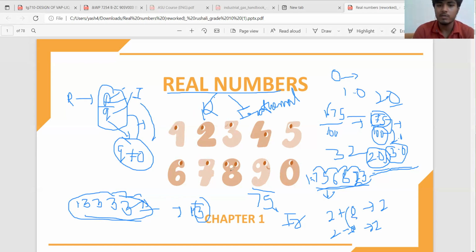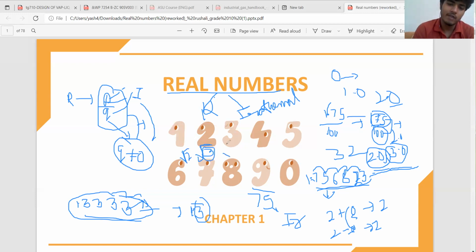And what are irrational numbers? Irrational numbers are those numbers that are non-terminating and non-repeating. Some numbers like root 2, root 3 are also irrational numbers, because the number under the square root is not a perfect square.